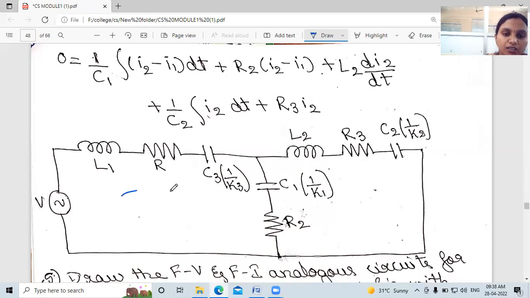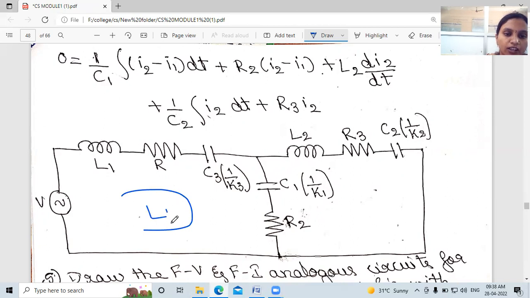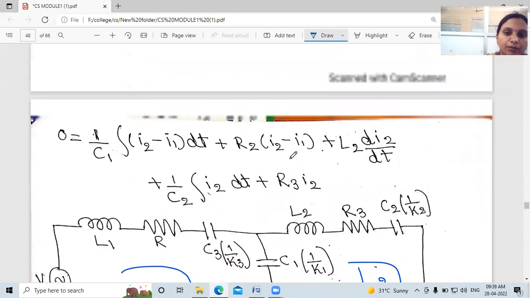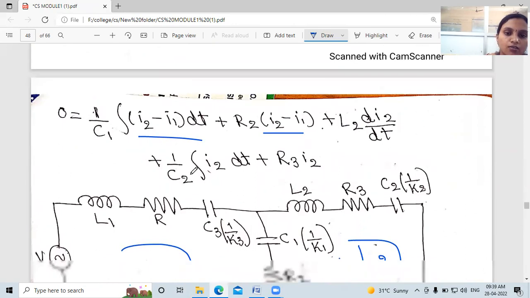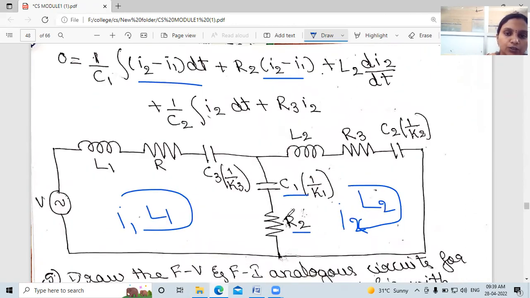Two equations means two loops. This is loop 1 and this is loop 2, or we can say I1 and I2. Where you get I1 minus I2, that is for the capacitance and R2, that is C1 and R2, you should write there. For the second equation, C2 into I2, and L2 into di2 by dt, so L2 you need to consider, and R3.